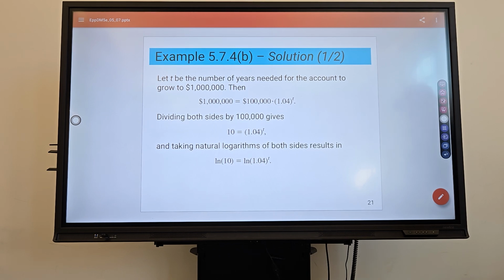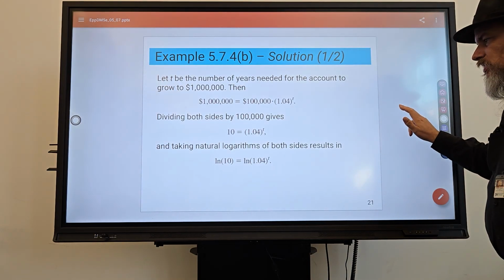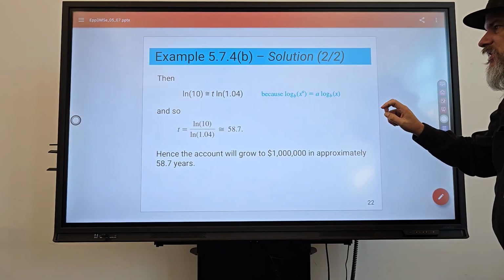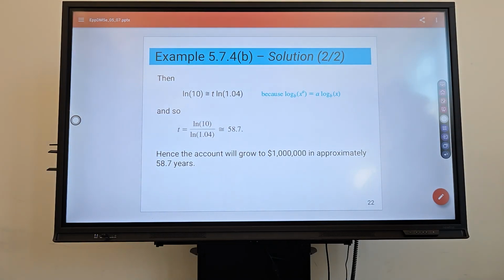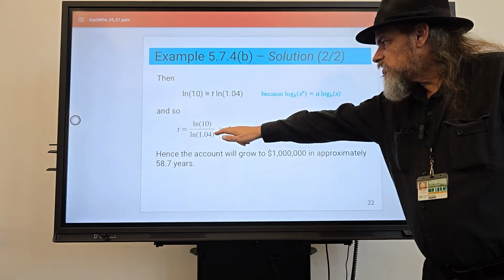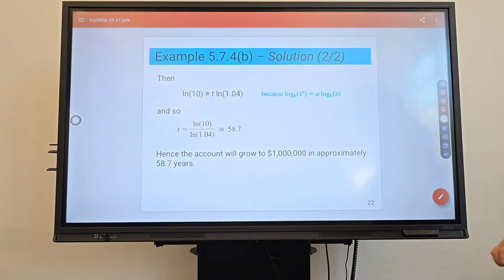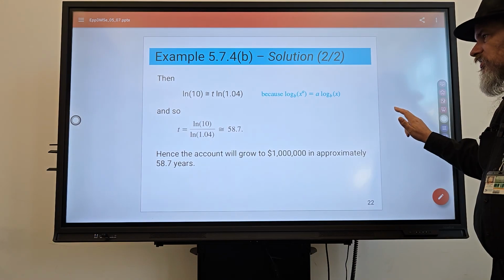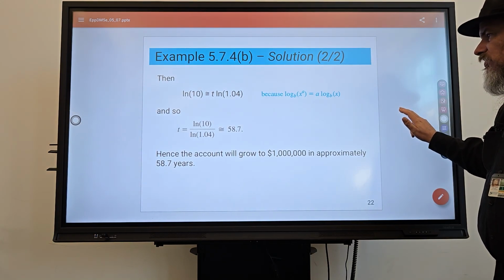Taking the natural logarithm of both sides, and then taking the t out, t equals natural log 10 over natural log 1.04, which equals about 58.7 years. So it would take that long to get $1 million out of a $100,000 initial deposit.